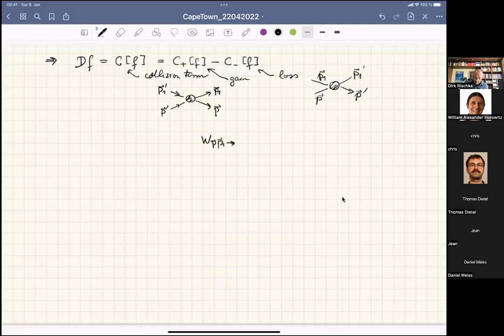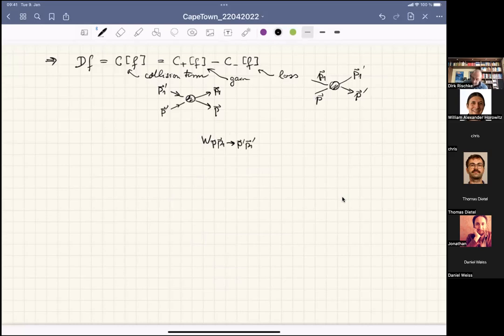P prime, P1, sorry, this was writing the loss term. Writing the loss term, so that's the second part. It must be proportional to the density of collision partners. What is the density? This was n.